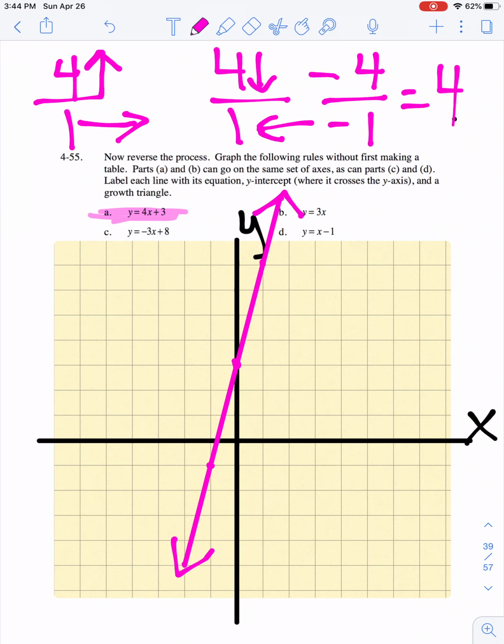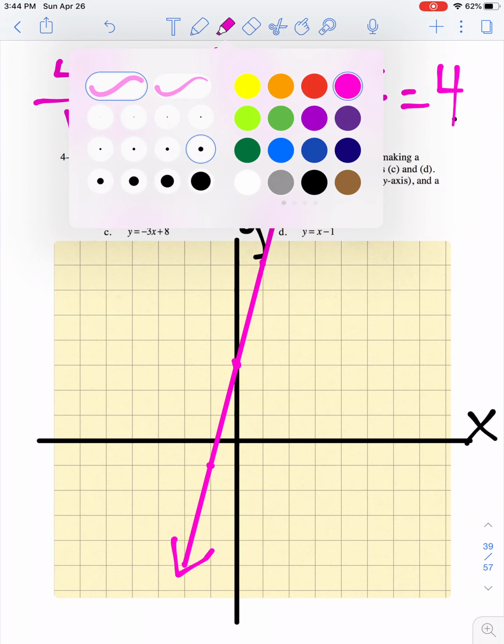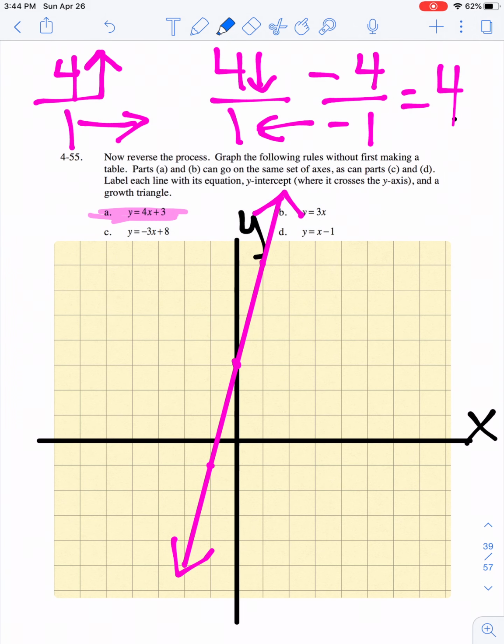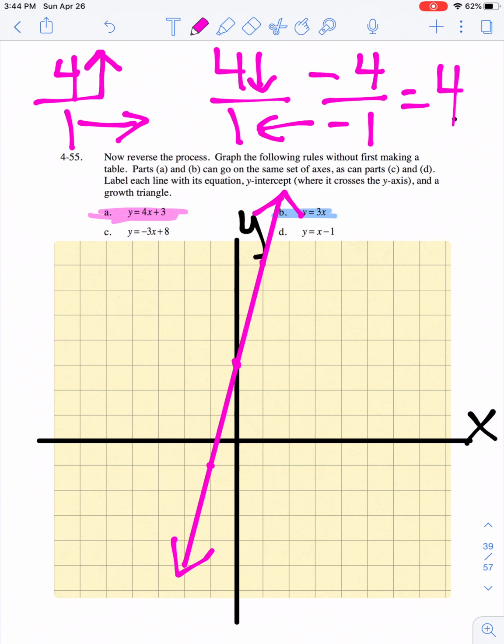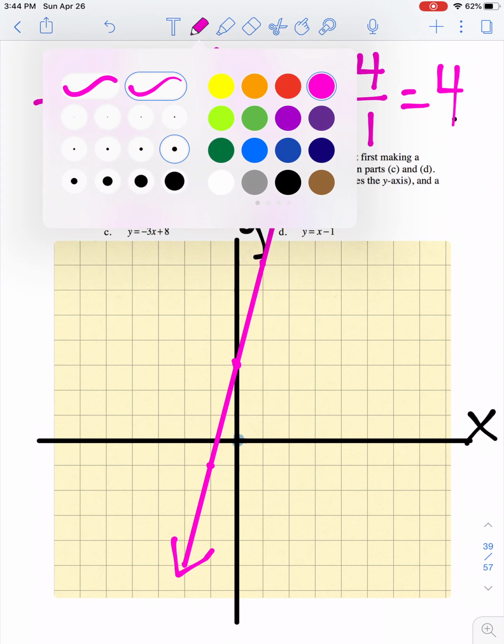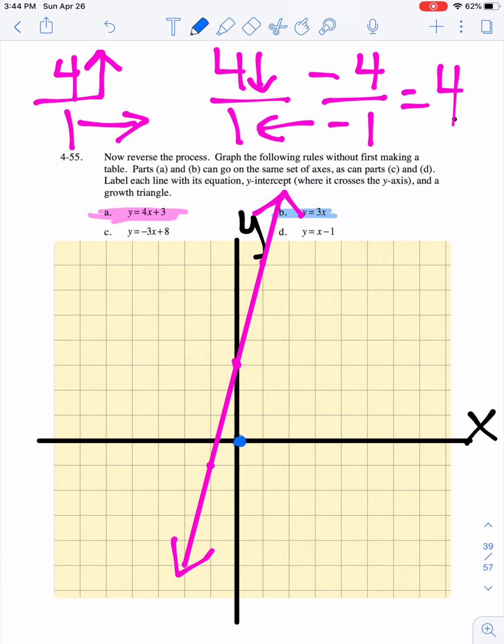Let's take a look at another one. Let's change our color here. Let's go to blue, and let's look at letter B. Letter B has a slope of 3 and it has no y-intercept, which means it goes through 0, 0 on our graph. And if our slope is 3, that means it's 3 over 1.